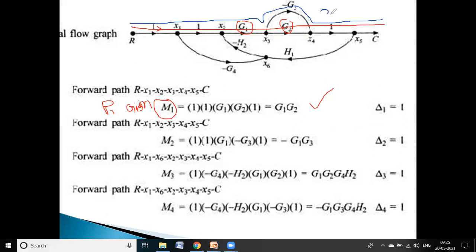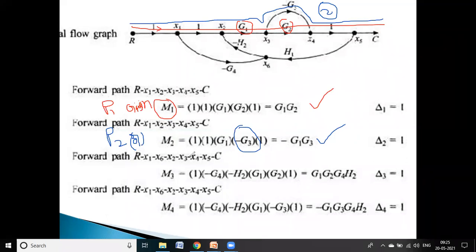That becomes the second forward path. The first forward path is direct. So instead of G2, here we have obtained minus G3. So for the path gain, either P2 or M2 we can take. Okay, path gain as minus G1, G3. Are you able to follow that one?